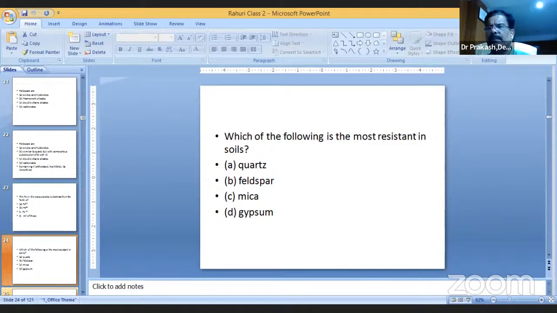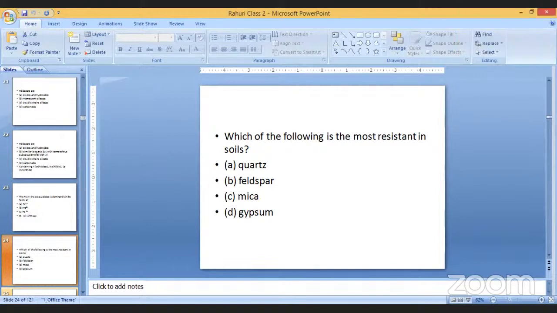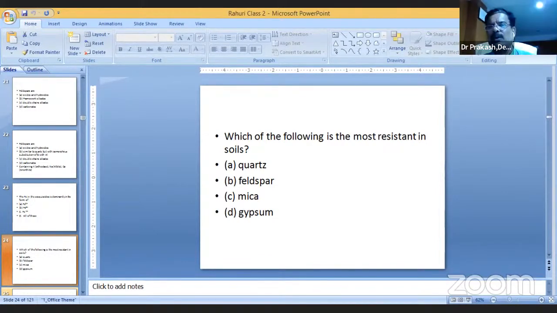And suppose somebody asks which of the following is most susceptible in tropical condition? Gypsum. Yes, gypsum. Suppose the same question, which of the following is most resistant in arid climate?